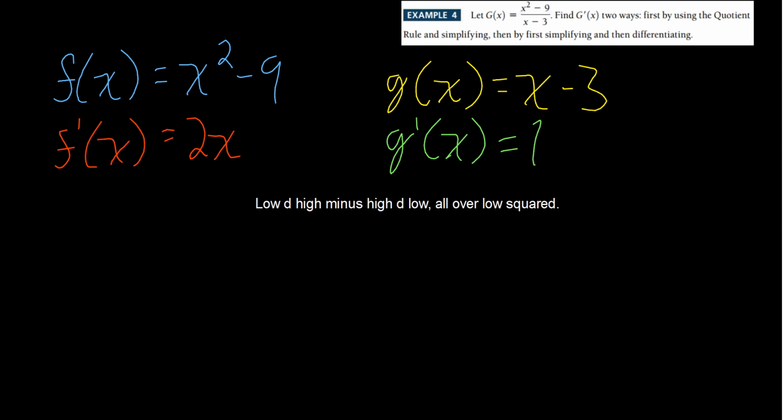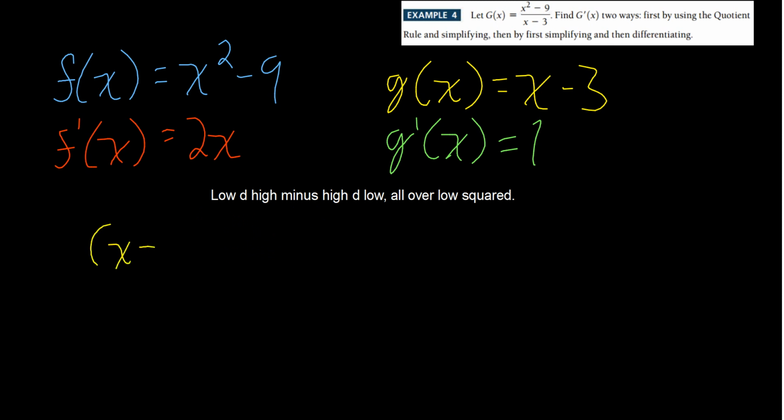Okay, here we go. So low d high. So we have low, which is x minus 3, times the derivative of the high, which is 2x, minus high d low, which is high x squared minus 9, and then d low, which is simply a 1.